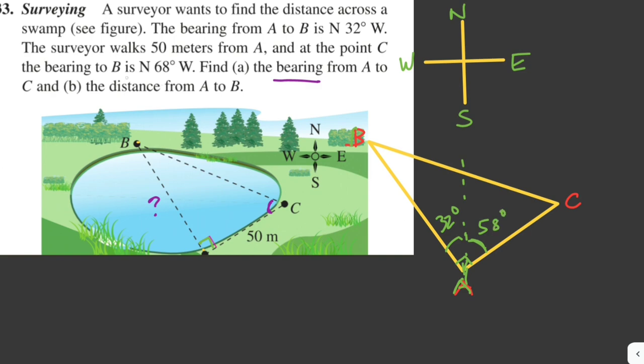And it's also given here the bearing from point C to B, so from this point to this point, the angle formed. So let's draw a vertical line here, or dash, as our meridian. So the bearing from point C to B is 68 degrees.